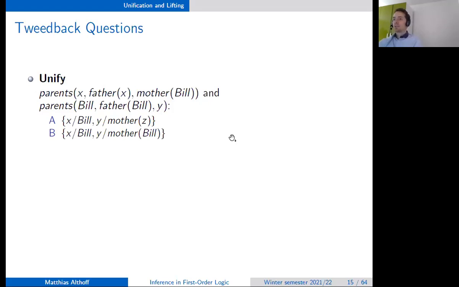Is A correct or is B correct? For now, all participants choose B. Yes, 97%. That's correct, because Z is nowhere else, so that's quite easy.